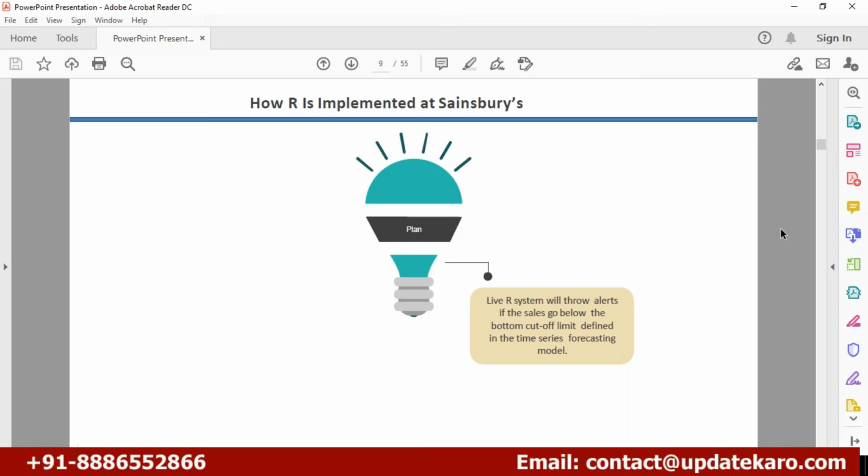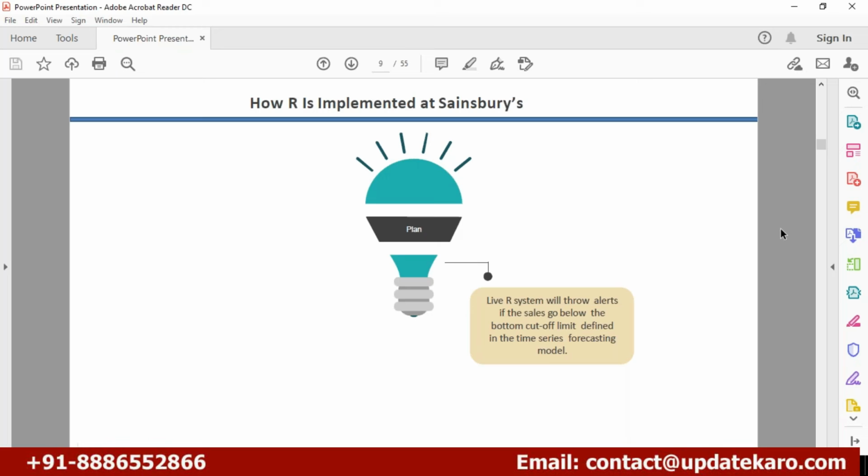So the live R system will throw alerts if the sales go below the bottom cutoff limit defined in the time series forecasting model. So what is a time series forecasting model? It's a kind of forecasting which is done in machine learning, right?